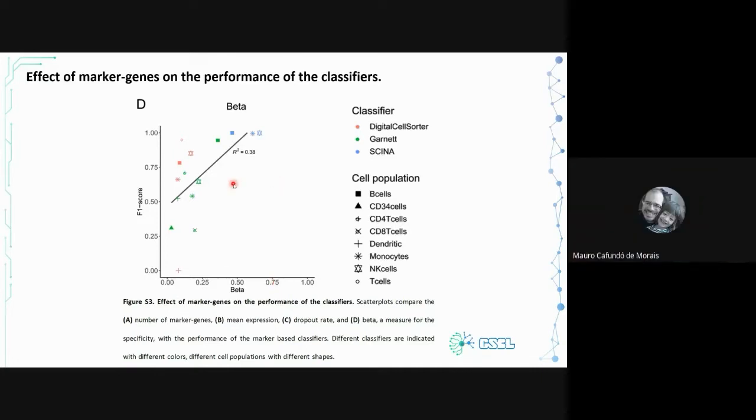So the higher the F1 score, the better the classification, right? F1 is a harmonic mean of the classification metrics. And I'm just trying to understand what beta they use, but it's probably one of the hyperparameters for the classification, I think. But anyway, go ahead.